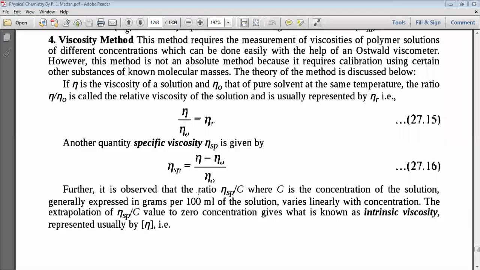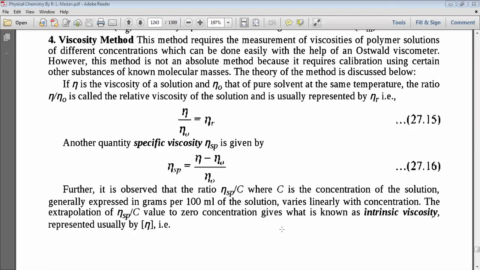Further, it is observed that the ratio eta sp by c, where c is the concentration of the solution, generally expressed in gram per 100 ml of the solution, varies linearly with concentration.